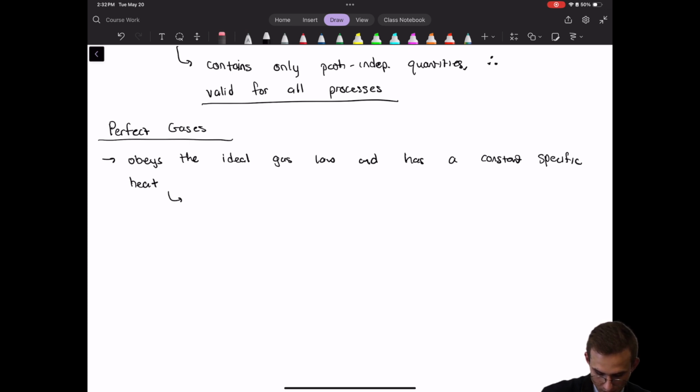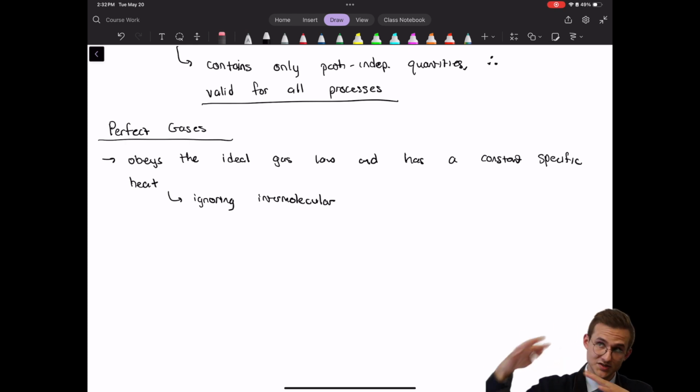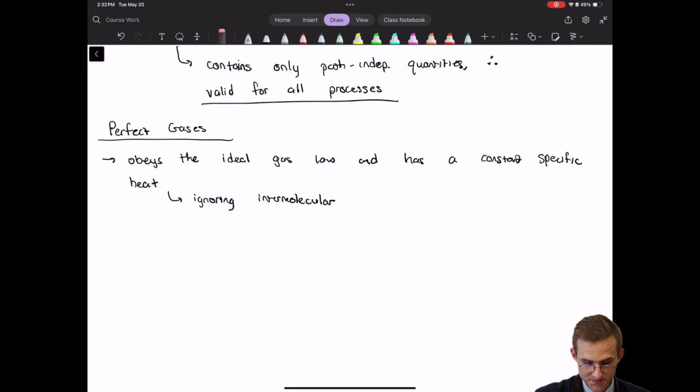That means that we are ignoring intermolecular interactions. I truly mean that the ideal gas law literally assumes that you have point particles that are not colliding with each other. They're infinitesimally small, and they just go until they hit a wall, and then they bounce off specularly. That's what the ideal gas law assumes. So you're ignoring intermolecular interactions.